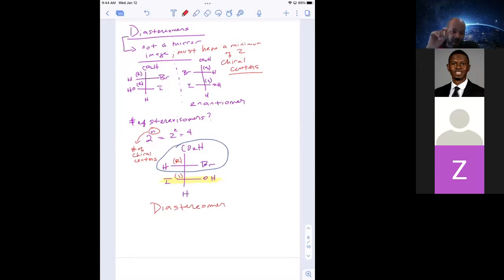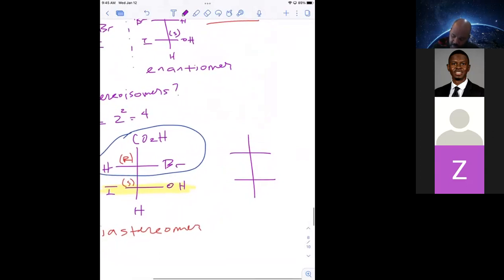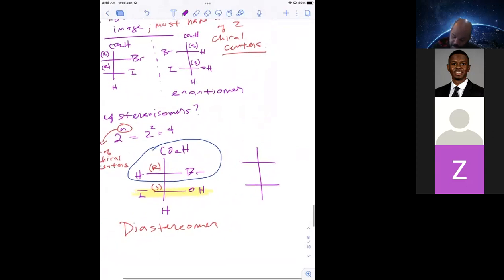We said that there are a total of 4 stereoisomers possible. What does the other one look like? Change the top one, leave the bottom one like the original. Okay, let's do that. So on the top, we're going to put the other group over here and H over here.